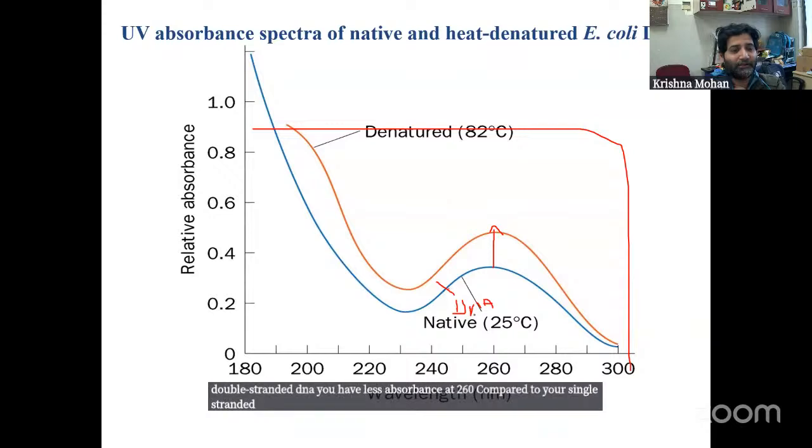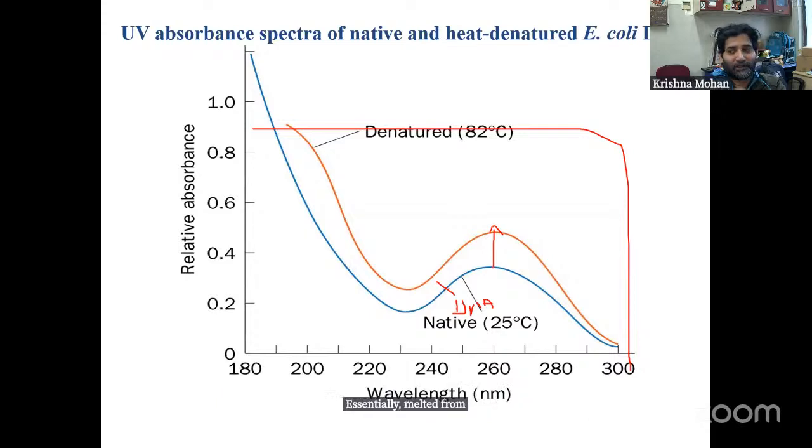The moment the DNA is melted from double-stranded to single-stranded, its intensity increases. This is called the hyperchromic shift. It is due to the base stacking opening and the hydrogen bonding being lost, so the electronic transitions are different. As a result, you will have this melting transition.